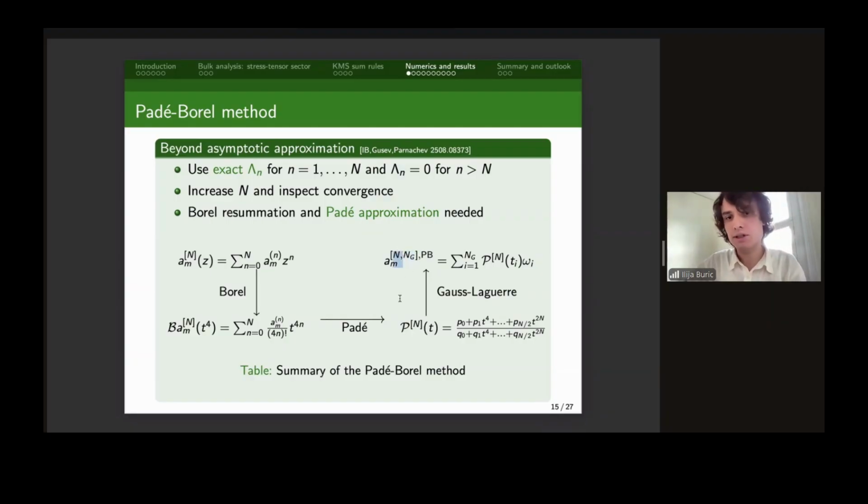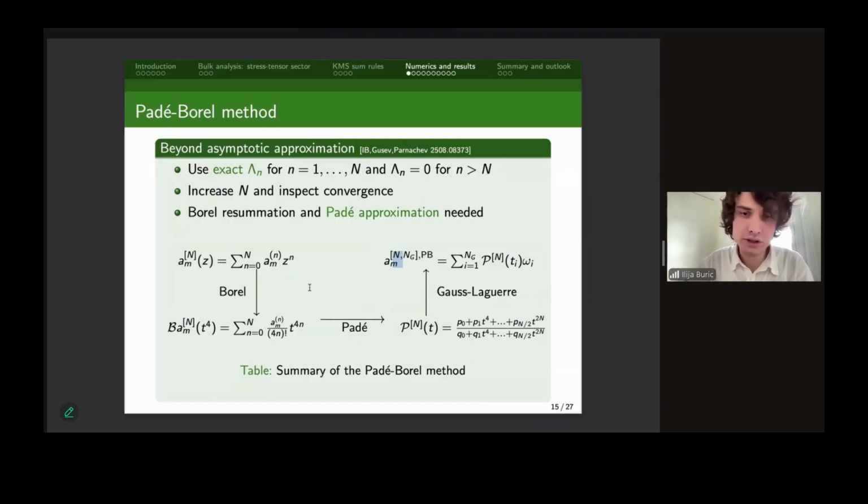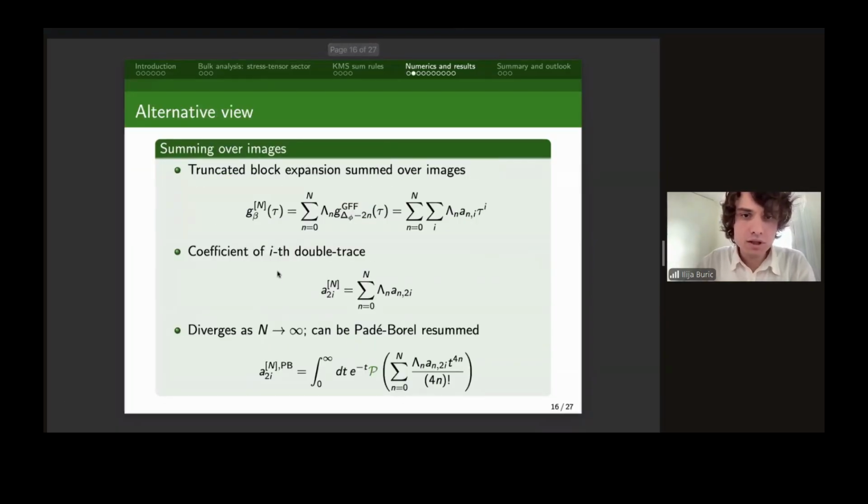What is important is how this number depends on the capital N, and we would like this procedure to converge as we increase N. You can also reinterpret this as taking a sum over GFF type correlators, which is very much in line with some of the works by Julian, Alessio, Eli, Denise, and Enrico.